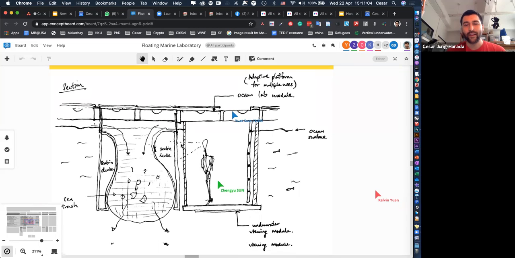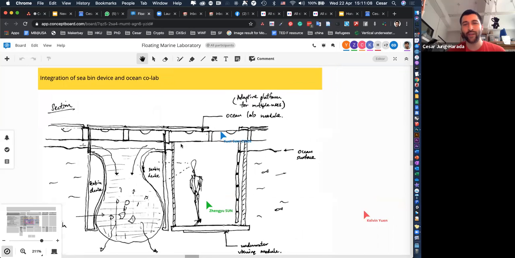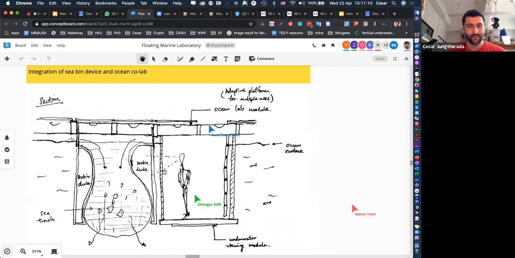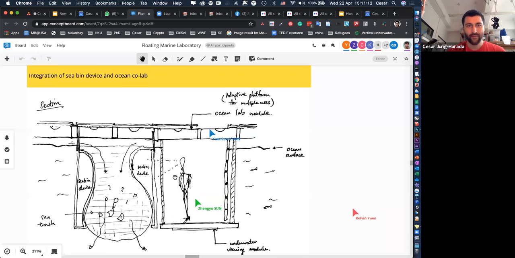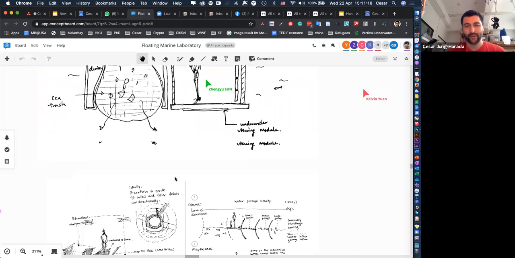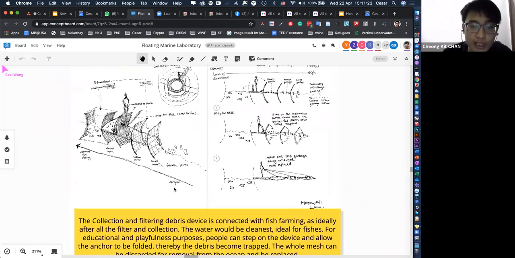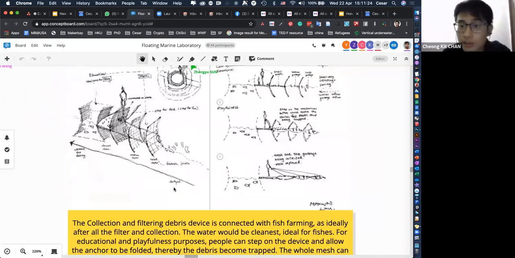Okay. Any questions for this design from the peers? No question. Okay. So it would be glass underwater, right?